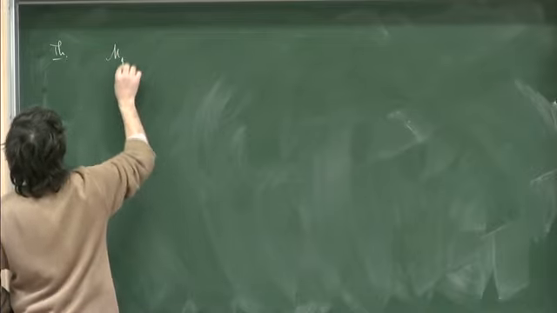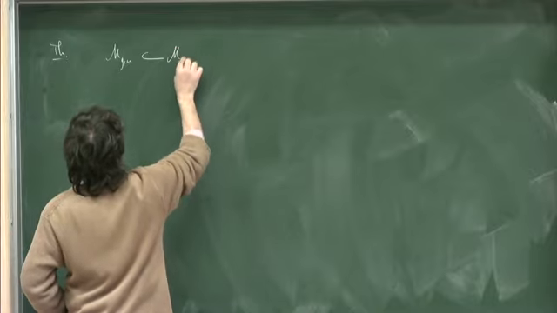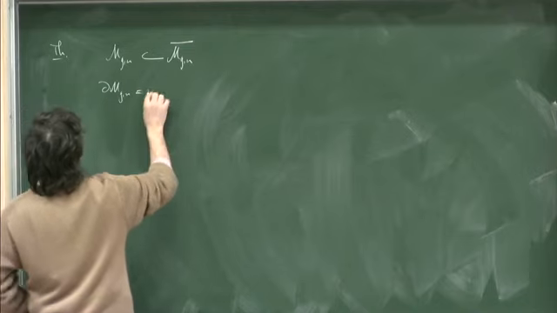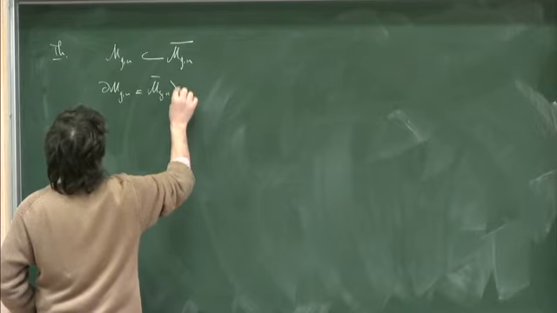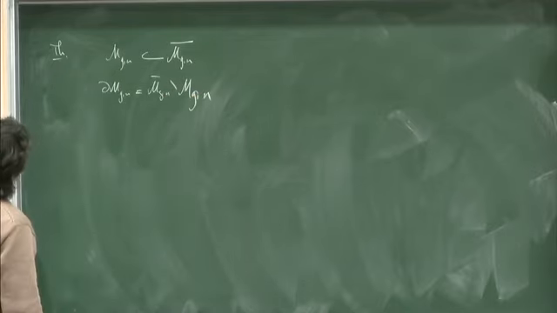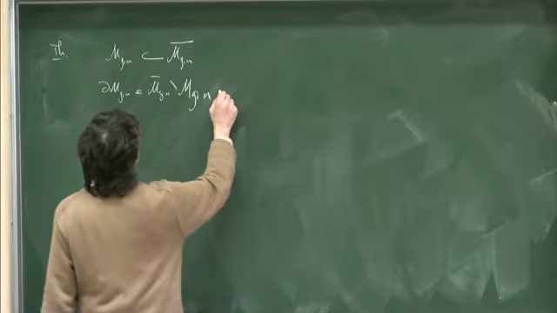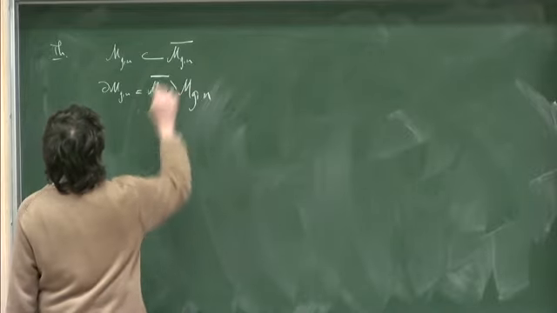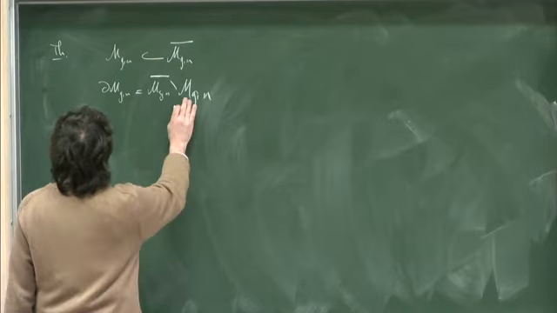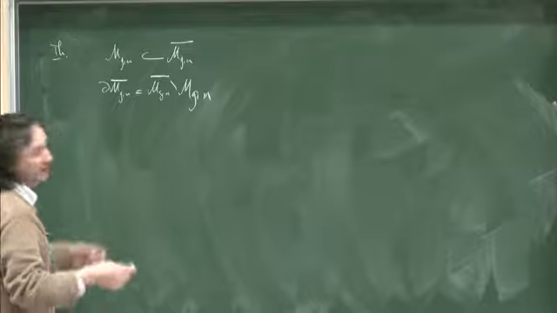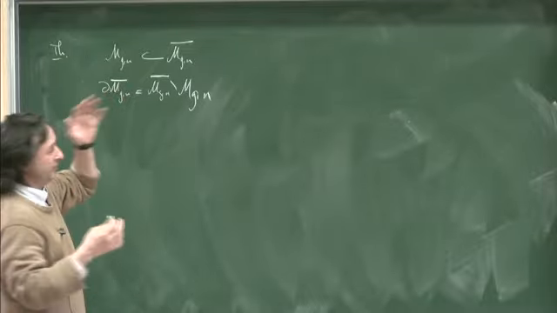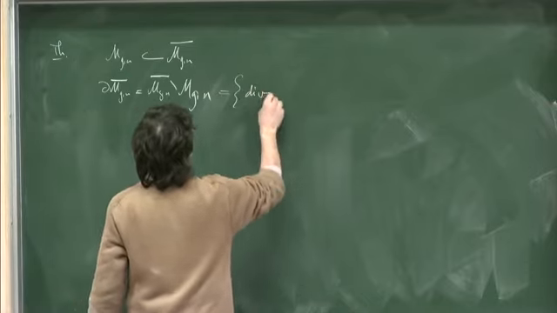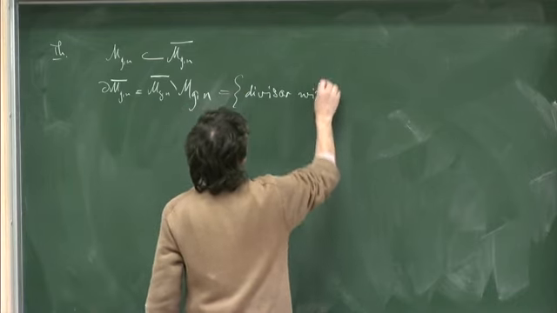It's just that M_{g,n} sits inside M_g,n bar, and the difference, the boundary, you take it as a notation, equals a divisor with normal crossing.